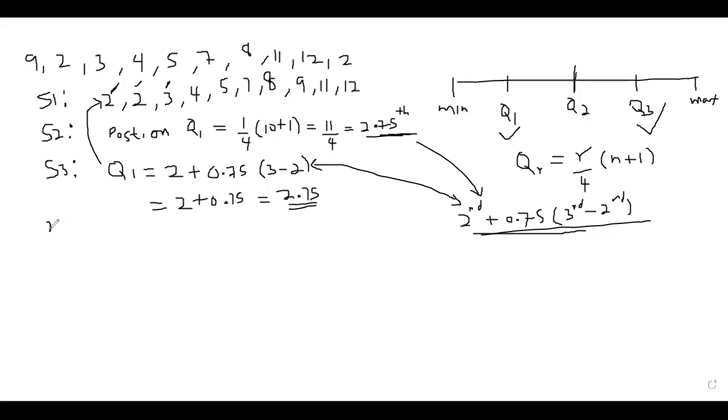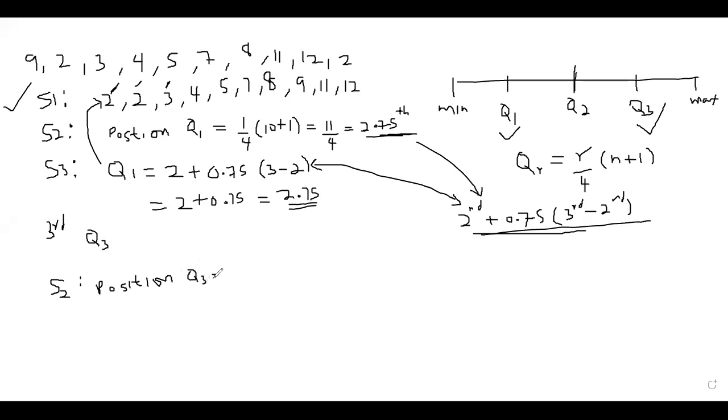So we want to find the third quartile as well, which is Q3, okay, to enable us to find the interquartile range. So for Q3, we already have step 1, data has range. So we'll go to step 2, which is looking for the position of Q3.